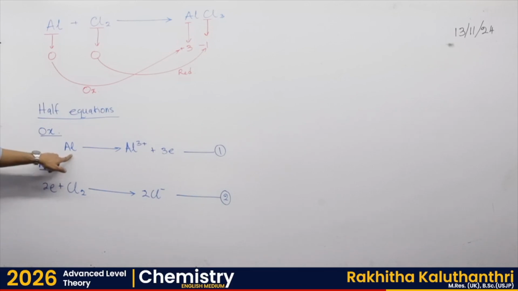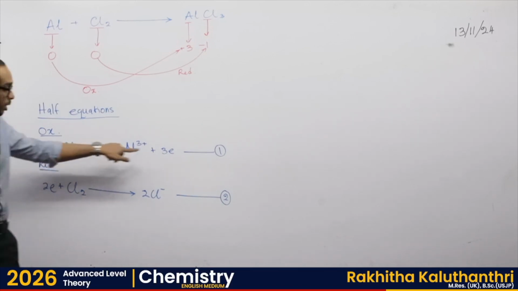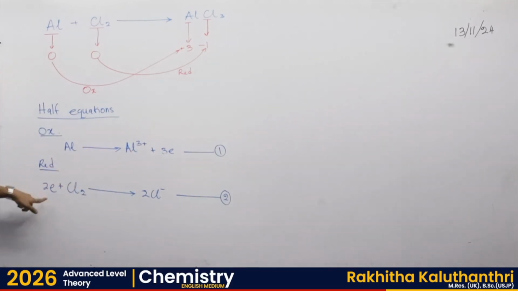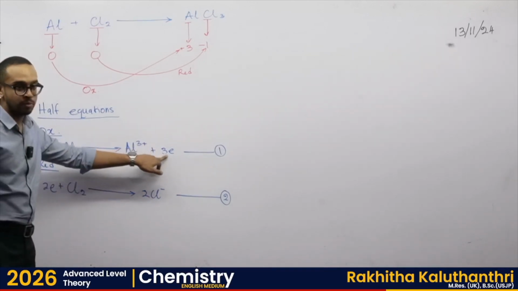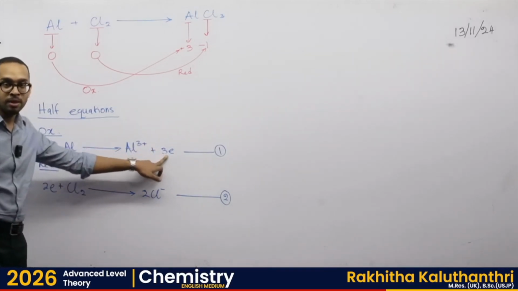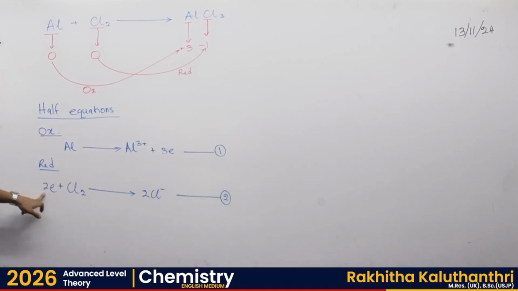What is the best number to multiply reaction 1 with? 2, right? Then this electron number will be 6. What is the best number to multiply reaction 2 with? 3. This will be 6 then, right? So basically, if there are 3 electrons here, you multiply this with the smallest even number, and you multiply this with the smallest odd number you can think of other than 1, right? So that is 3.